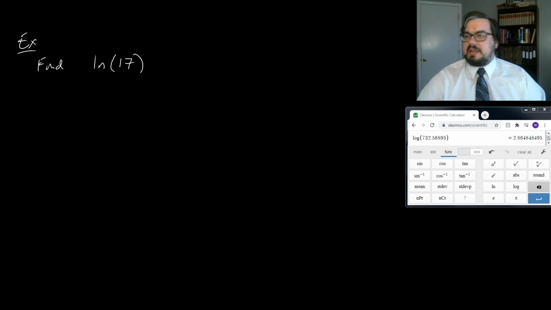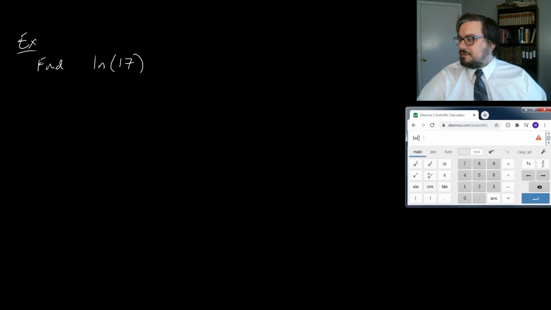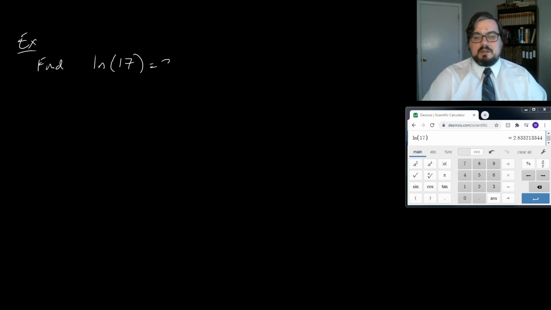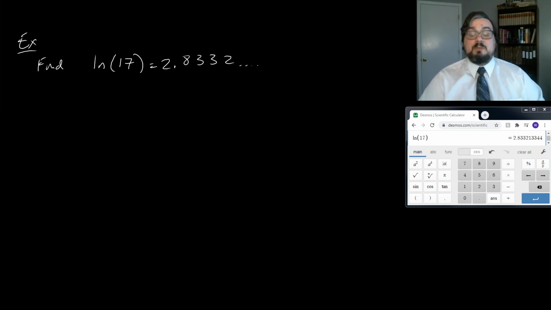So if I want to find the natural logarithm of 17, I can do that by going over to my calculator, entering natural logarithm of 17, and getting 2.8332, etc. And we could do this with any number that we want.